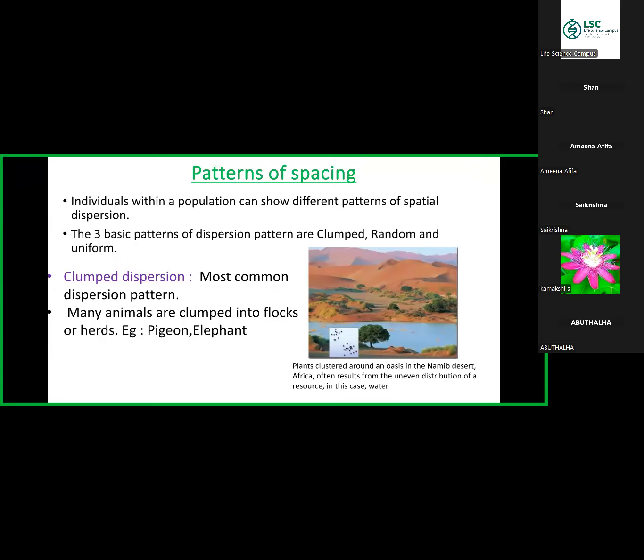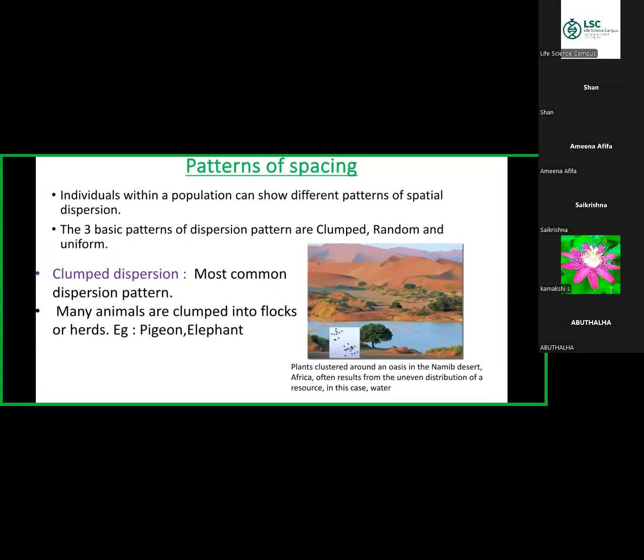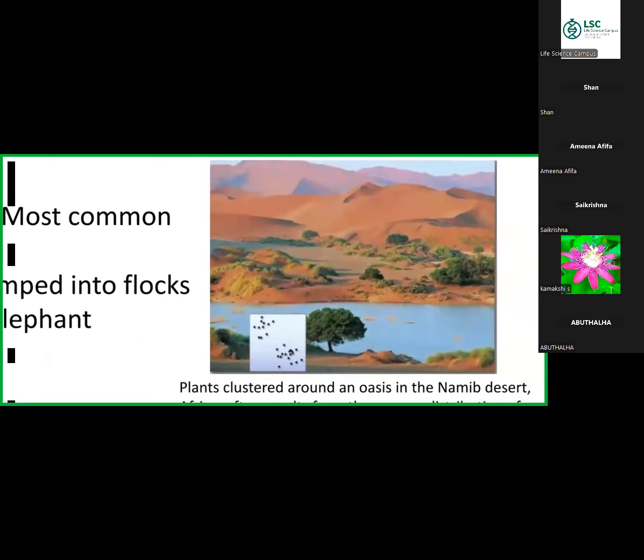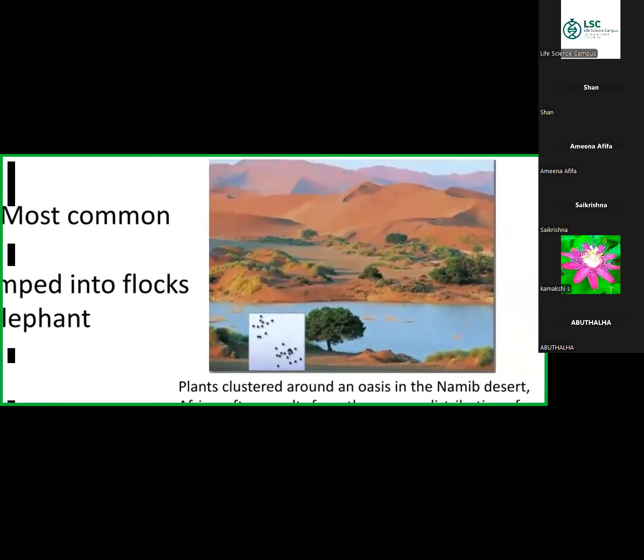So most common dispersion pattern is the clumped dispersion. It is adapted by organisms upon a condition that resources are limited. So clumped dispersion will be adapted by organisms when there is a scarcity of resources. In the figure, you can see that many trees are arranged around an oasis. Oasis means water bodies present in a desert.